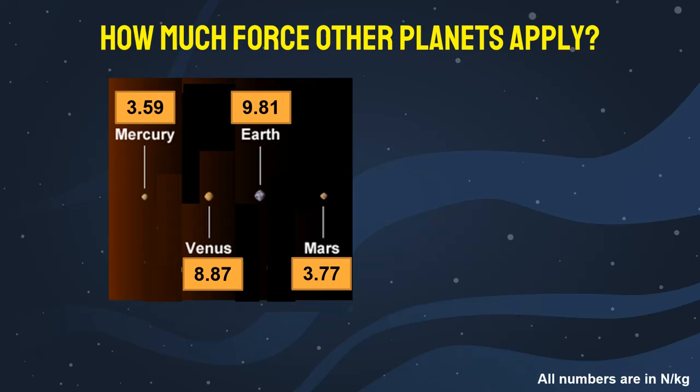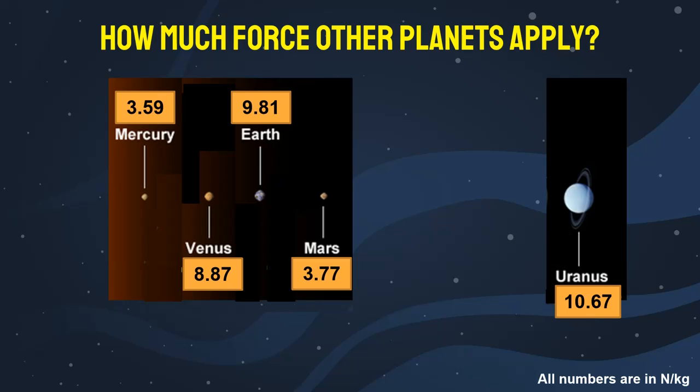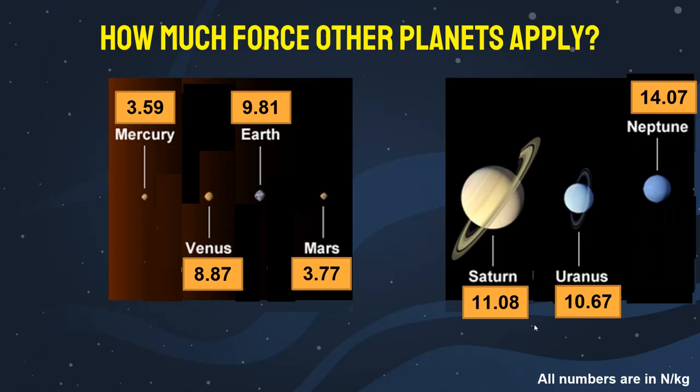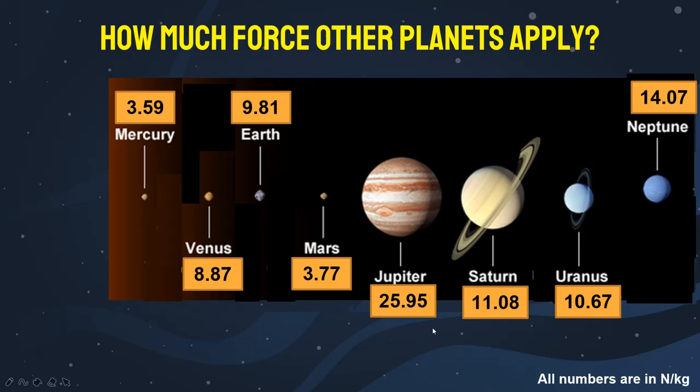Mercury 3.59. Uranus 10.67. Saturn 11.08. Neptune 14.07. And Jupiter 25.95. That means approximately 2.5 times that of Earth. Okay, so what's the meaning?